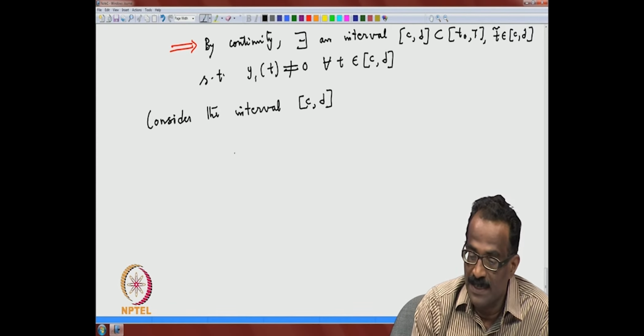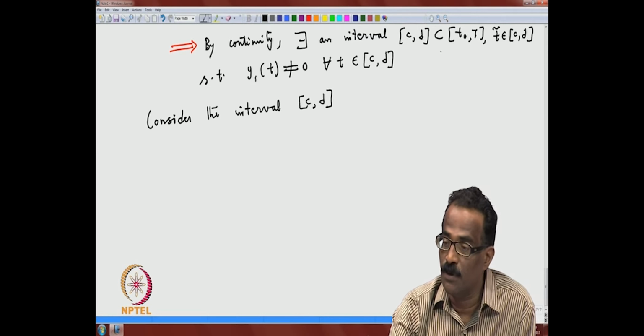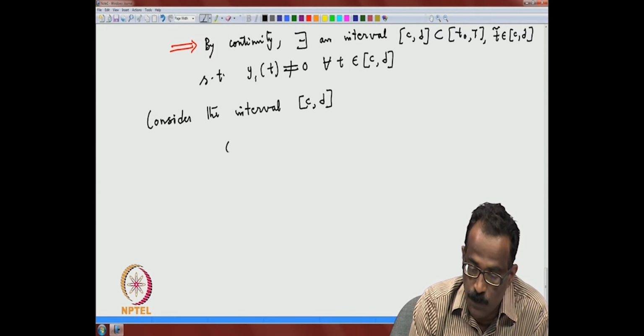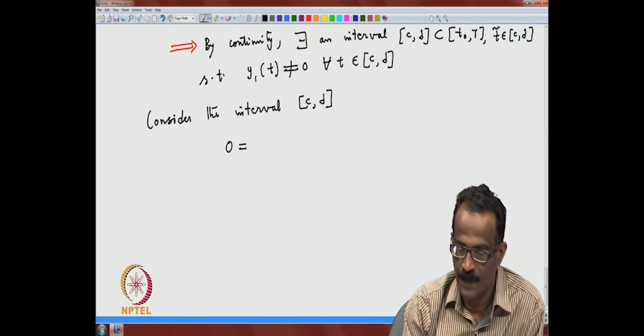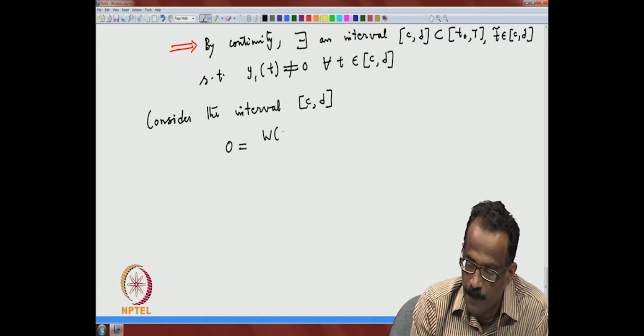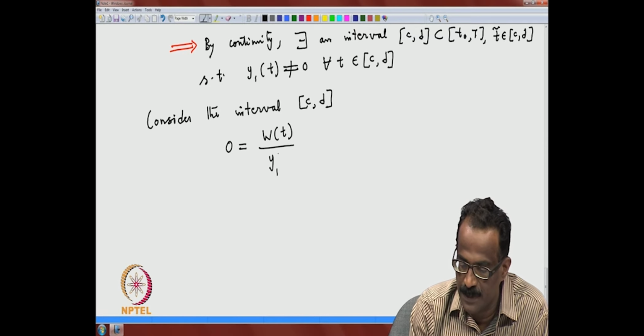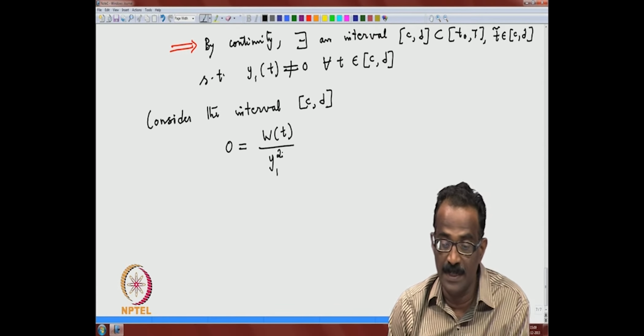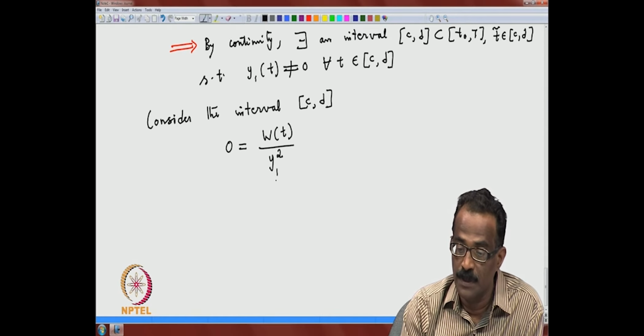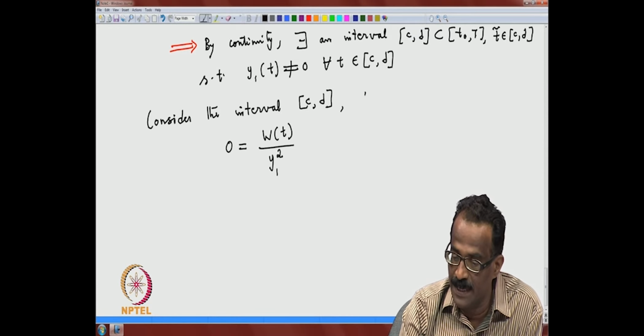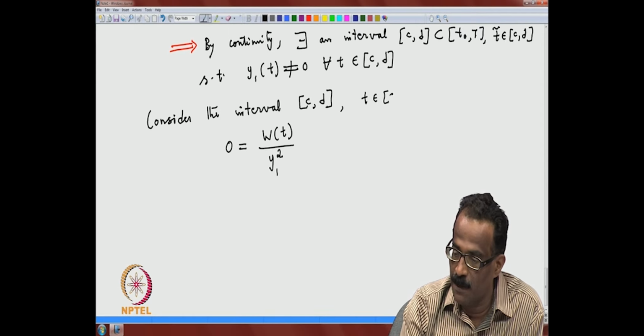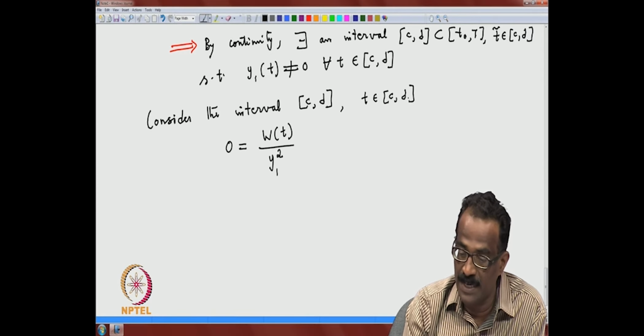Consider that W is identically 0 everywhere. Therefore, 0 is equal to W(t) by y1 square. This is a construction, and this is allowed because for t in CD, y1 is not equal to 0.